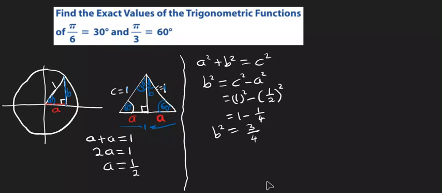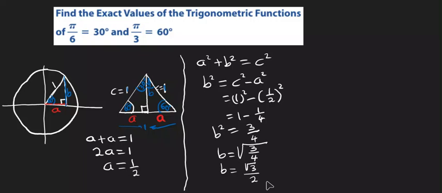One thing that we need to remember is that b is positive. So we'll ignore the negative, and focus only on the positive value of b because it's the distance, it's the length. Then the answer will be the square root of 3, and the square root of 4 is 2.